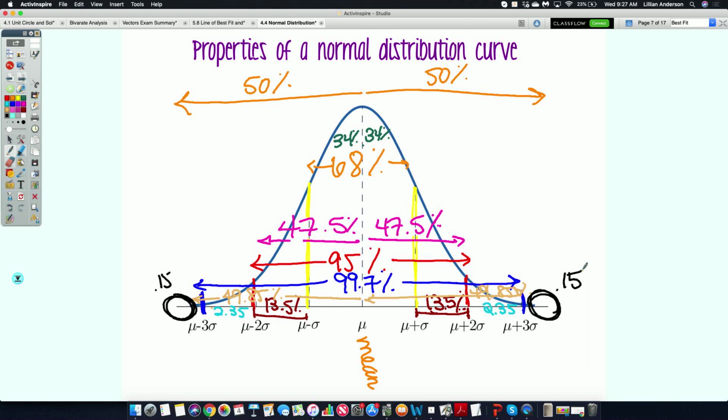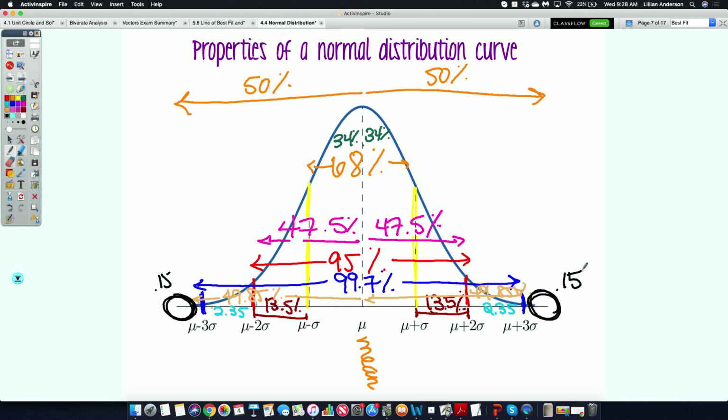Questions on the different properties, the percentages, the symbols on your normal distribution curve. So that means you're going to have 0.15, but the more you go out, the closer it's going to get to zero. Correct. The main focus is going to be between three standard deviations, though.